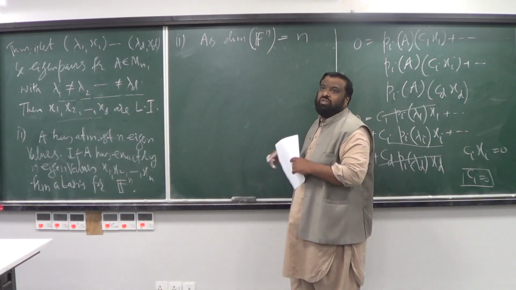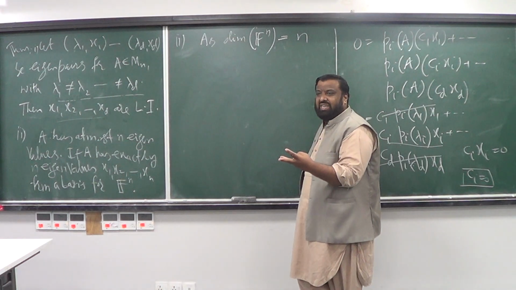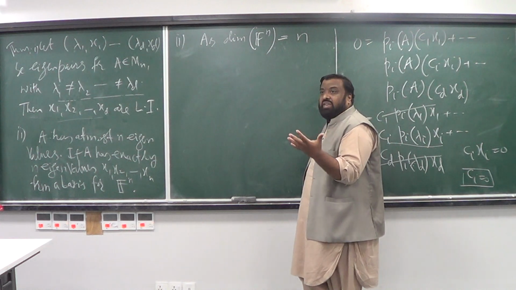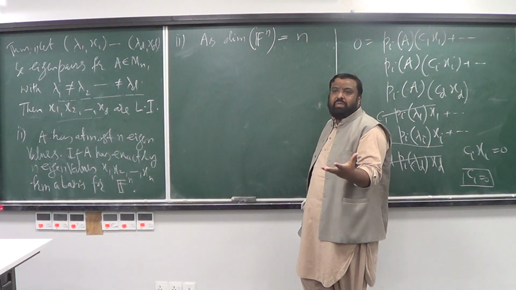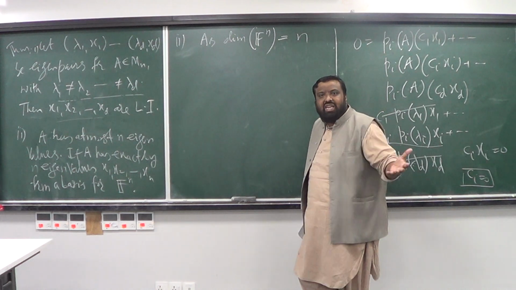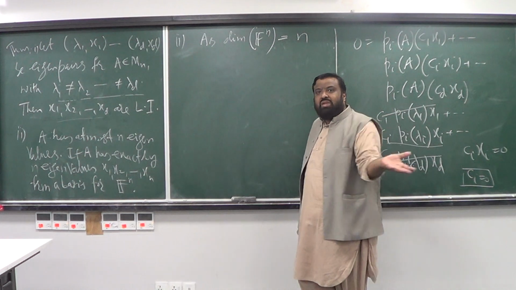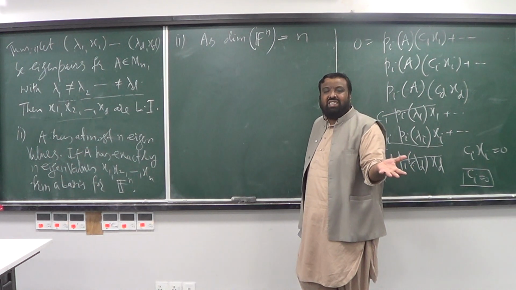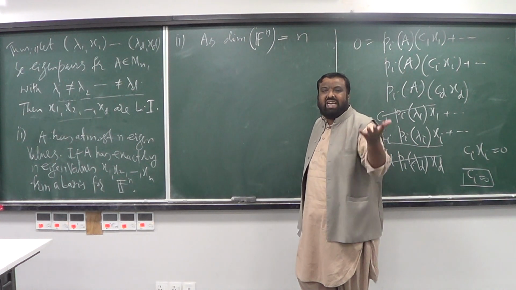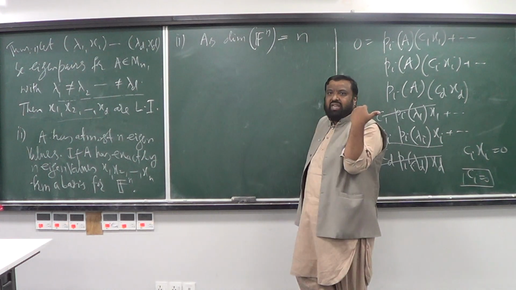You can have 2 linearly independent vectors, 3, or 10, up to n linearly independent vectors in Fn, but you can't have n plus 1. So if you have some number of linearly independent vectors, that number must be less than or equal to n. It can't be bigger than n.